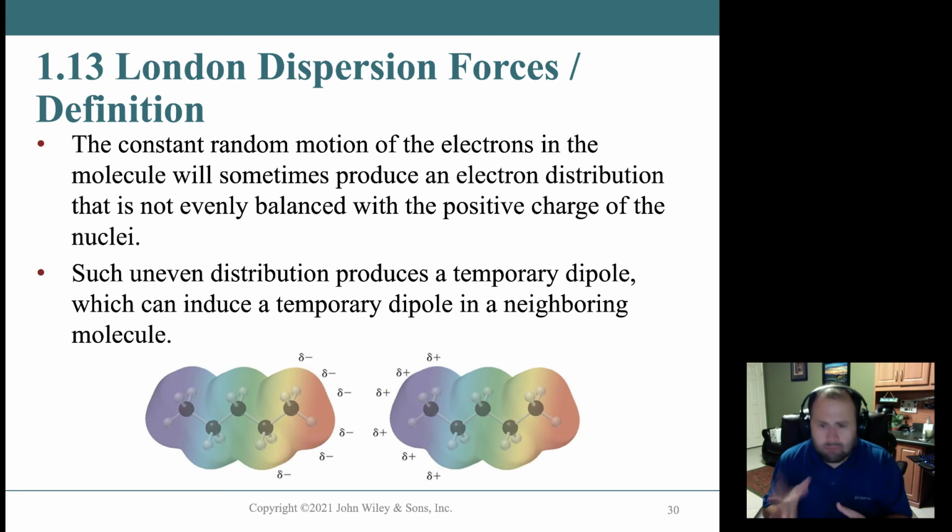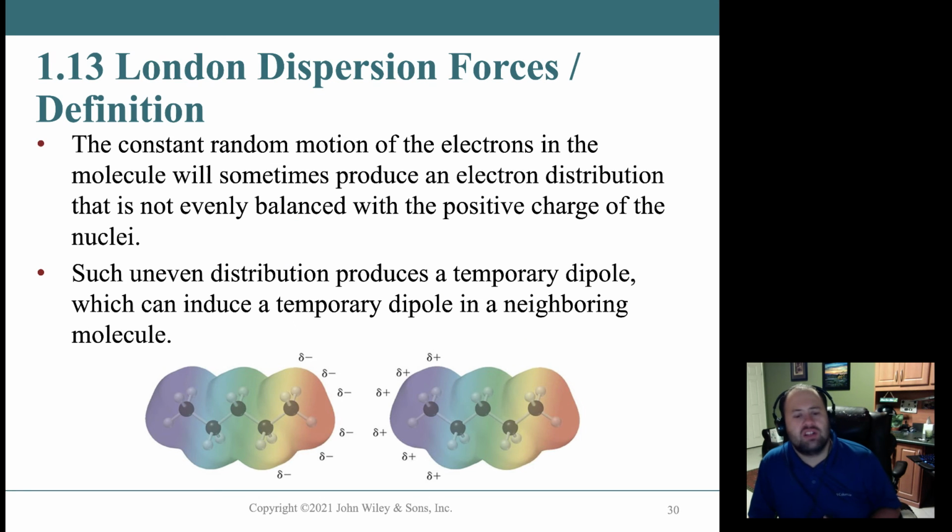And this happens temporarily, and then it goes away. So it's like these forces of attraction occur, and they attract, and then they let go over time. And they're just happening brief moments over time. And because it's at any moment, at any space on the molecule, we're going to find that this leads to certain effects that happen with London dispersion forces.